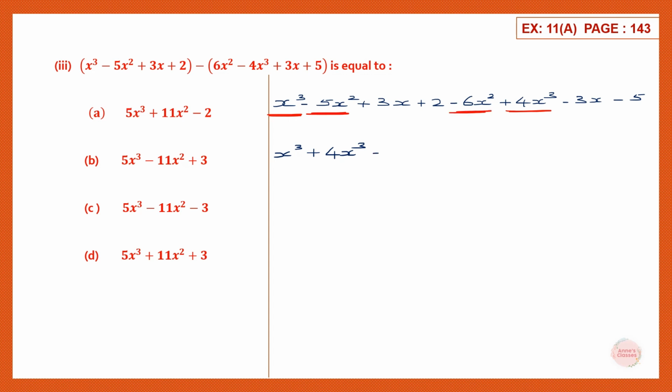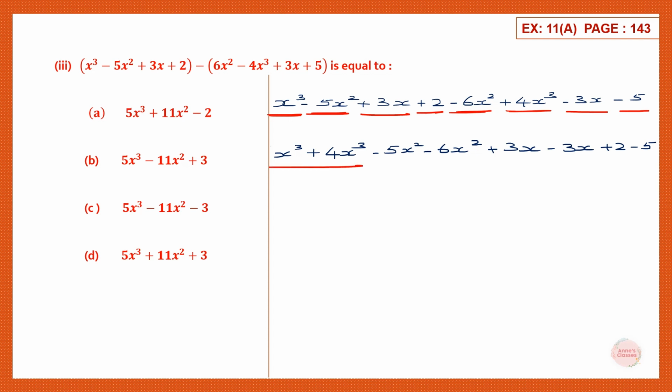Then let's look out for the x. So here we have plus 3x and minus 3x. Then we have the whole numbers, plus 2 and minus 5.